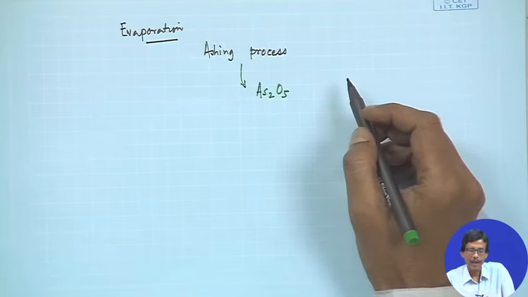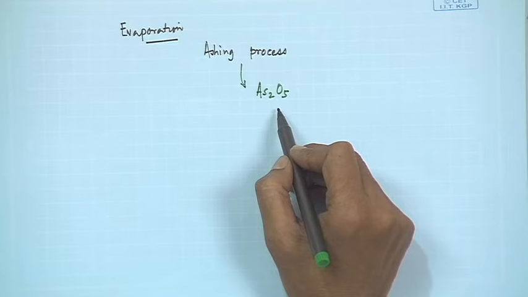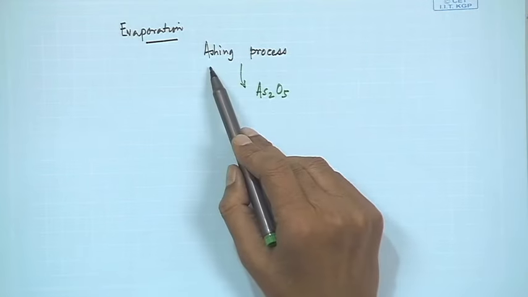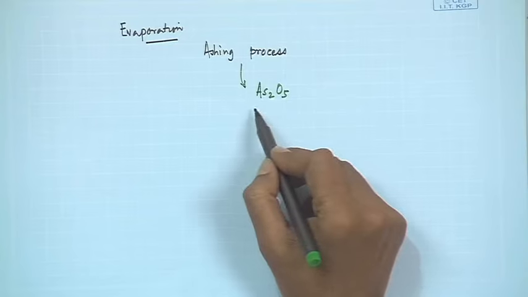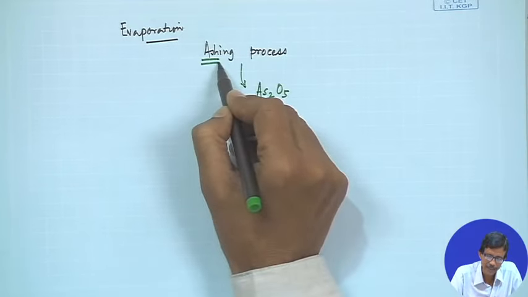So, heating any sample and forming the corresponding oxides by heating in air or the plentiful oxygen of air is known as the dry ashing process. So, ashing is such that we are getting the different assays.